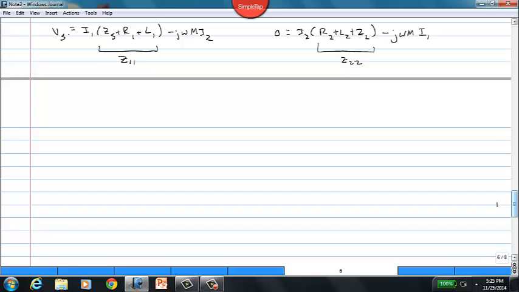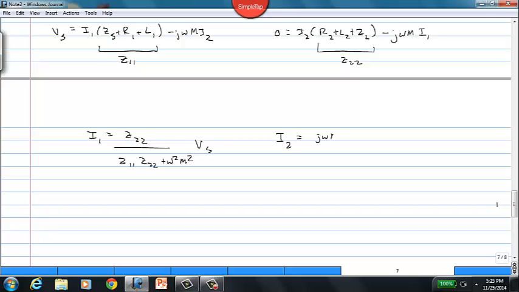simplified mesh current equations. If we were to solve Vs equals Z11 I1 minus j omega M I2, and 0 equals Z22 I2 minus j omega M I1, simultaneously via substitution, the result we would get is I1 equals Z22 over Z11 Z22 plus omega squared M squared times Vs, and we would find I2 equals j omega M over Z11 Z22 plus omega squared M squared times Vs. You see the similarities in these two equations.